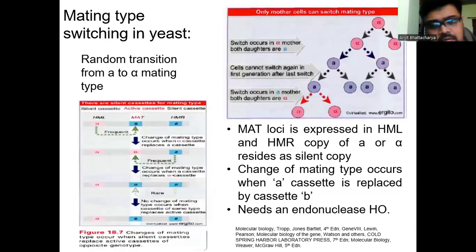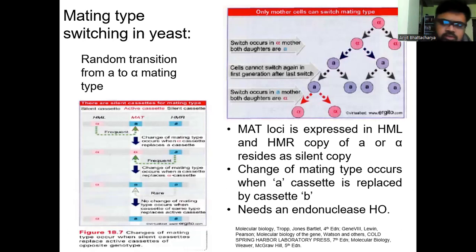There are some events closely related to homologous recombination, which are biologically relevant and linked with some very interesting phenomena. So we have to understand those kinds of events. One such event is mating type switching in yeast.